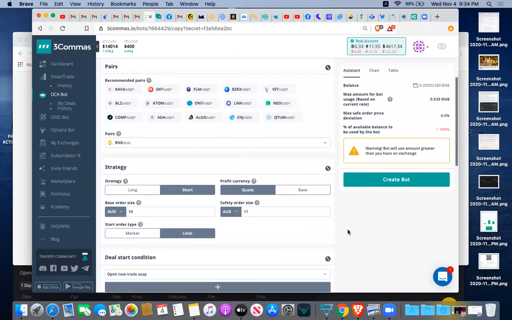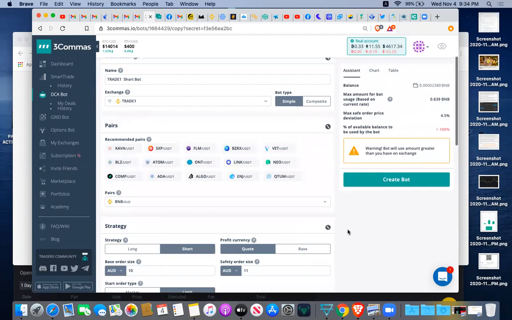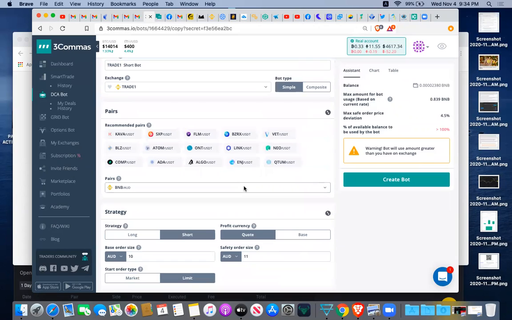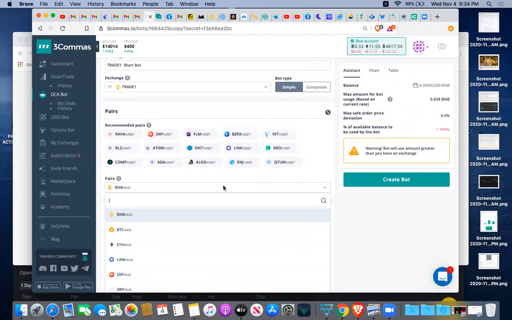Oh, sorry. Short. What was the market, please? CRV, CRV USDT.